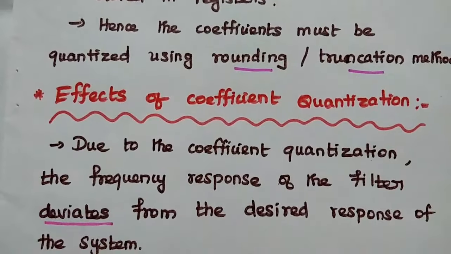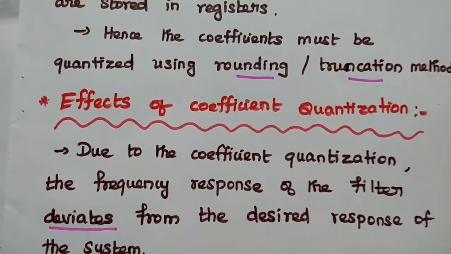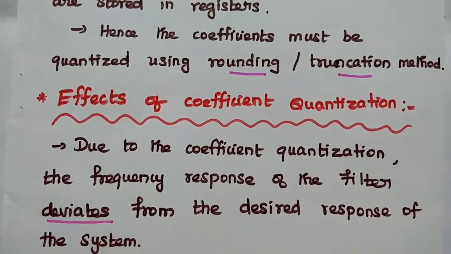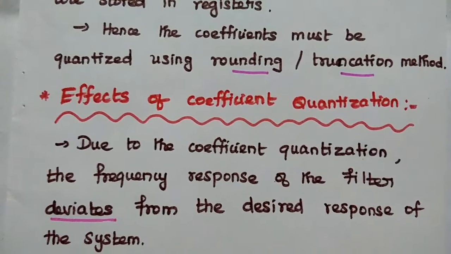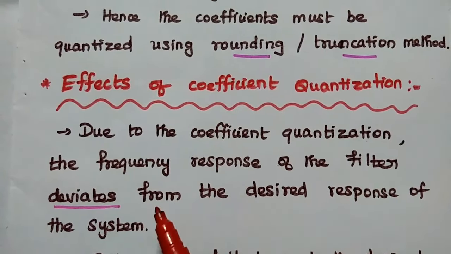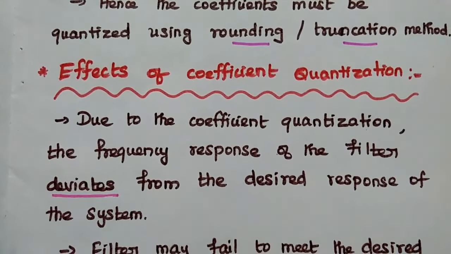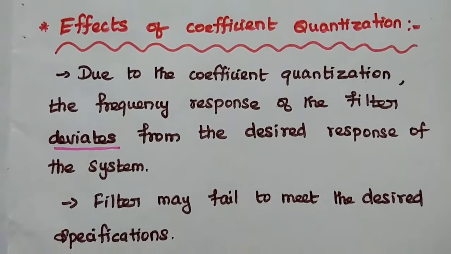By doing this quantization process for the filter coefficients, there may be some effects in the system. Due to the coefficient quantization, the filter frequency response deviates from the desired response of the system.